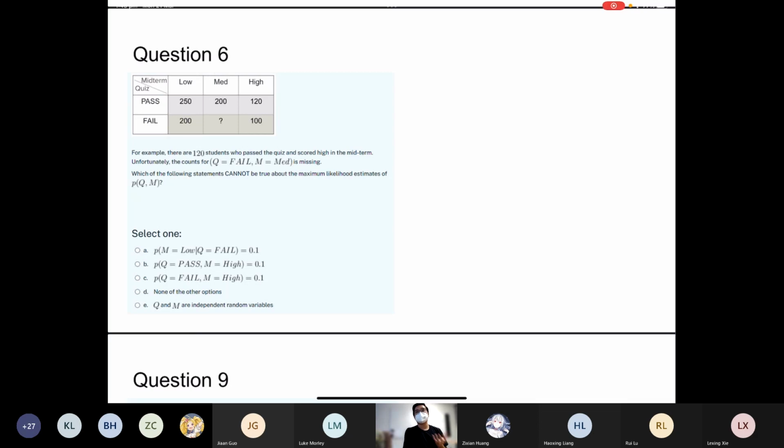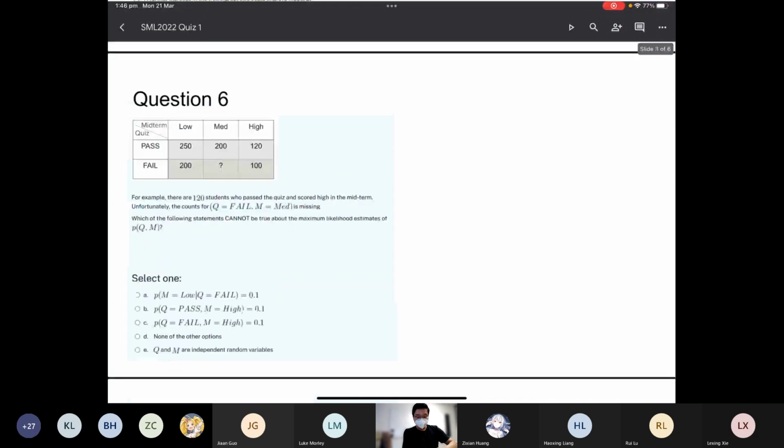So you can show in two cases where you have a joint distribution equal to the product of the marginals, and that will lead you to two different values for the question mark. So that would be a contradiction in this case. So that means that it's impossible to have Q and M as independent variables in this case.